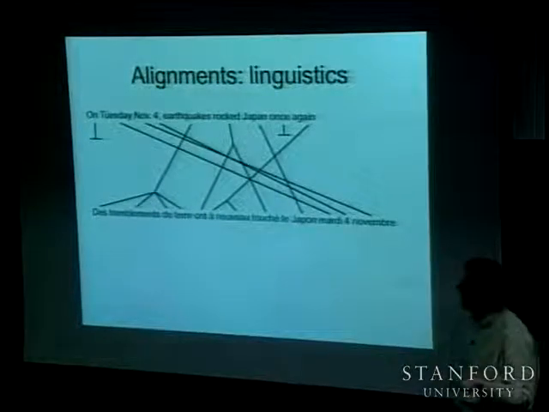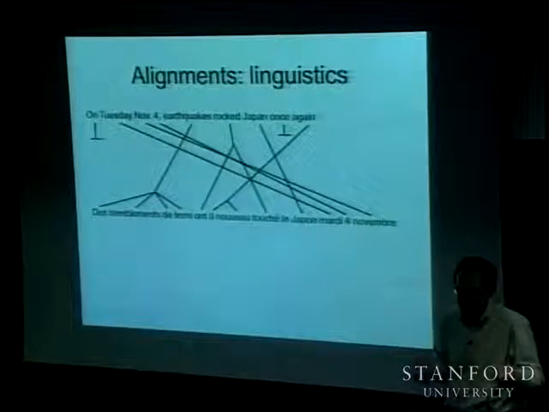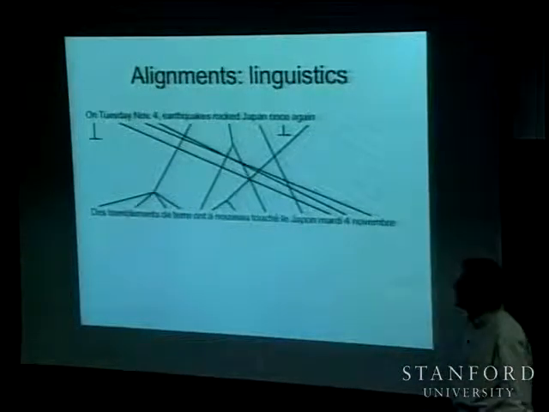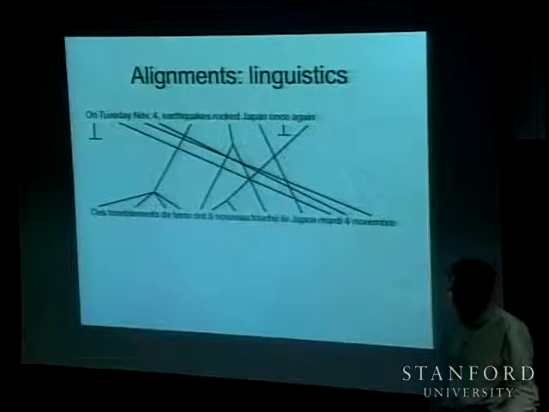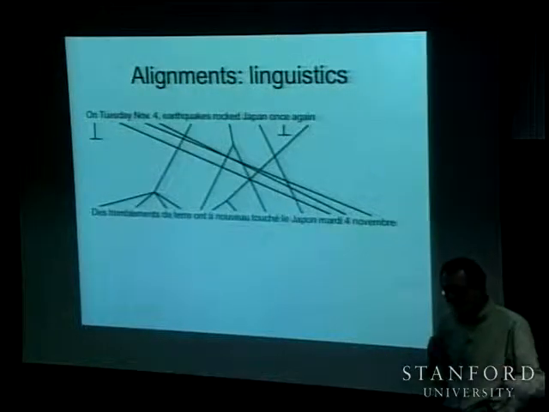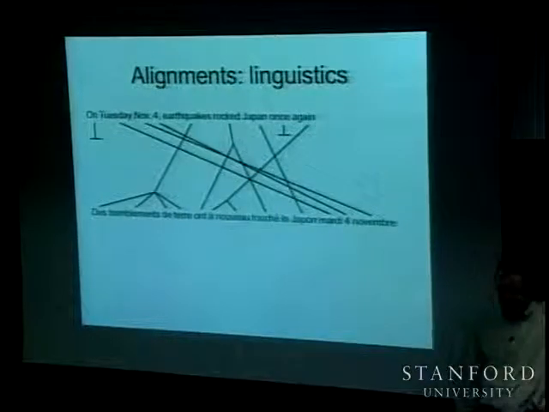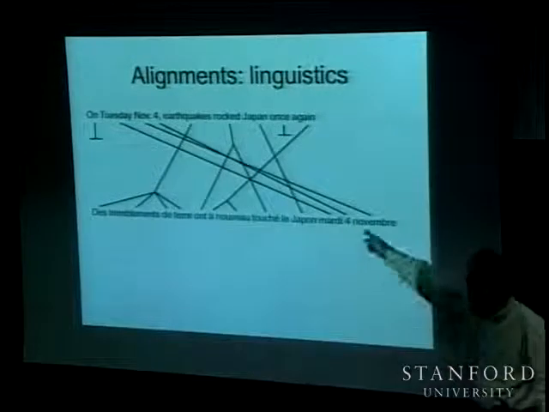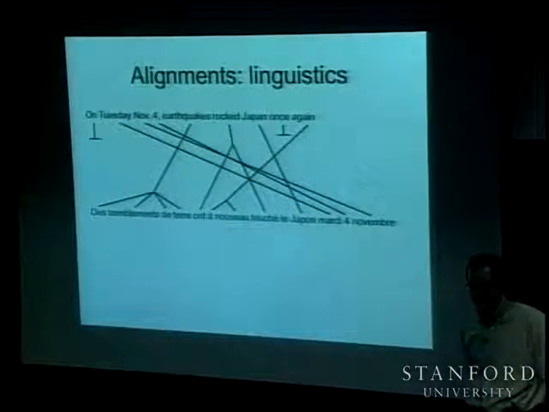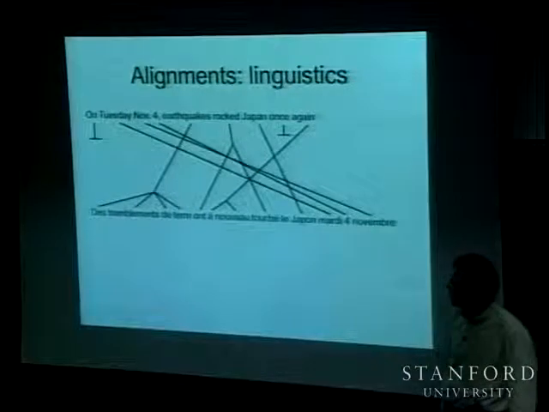To some extent, that's just a choice that doesn't even mean a lot, because the English sentence could have been, earthquakes rock Japan once again on Tuesday, November the 4th. Nevertheless, there are slight preferences between languages, and in English, people more commonly put those temporal modifiers at the beginning, and in French, they're more commonly put late in the sentence. At any rate, this was the way the translation was done.